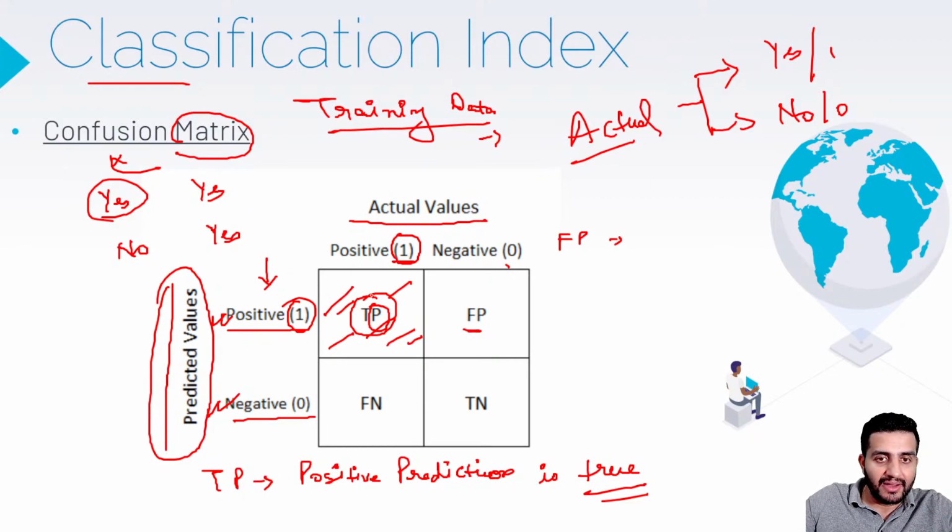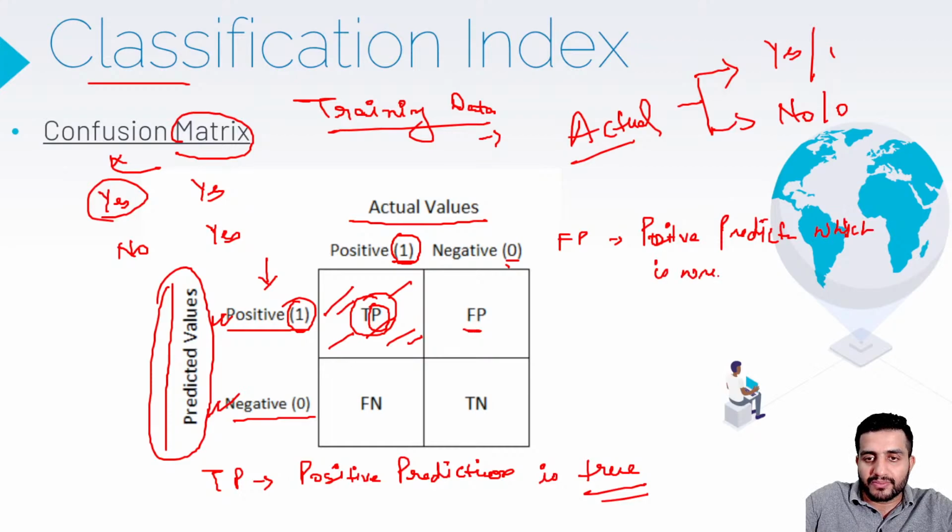It is not correct. This guy does not have the disease, so originally it was 0. So it is false. So the positive prediction is wrong. I have a false positive here.